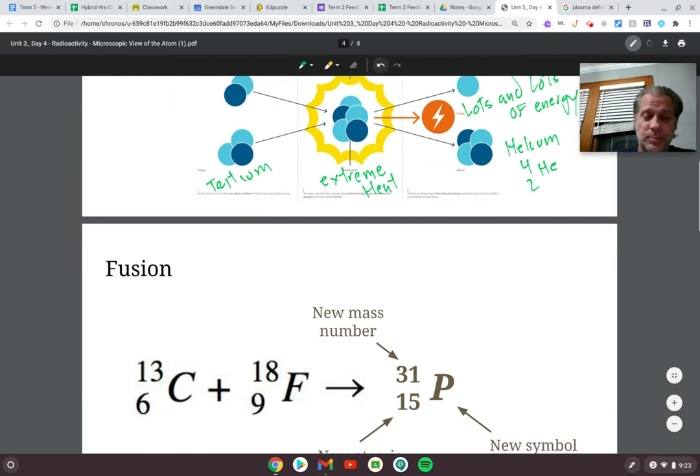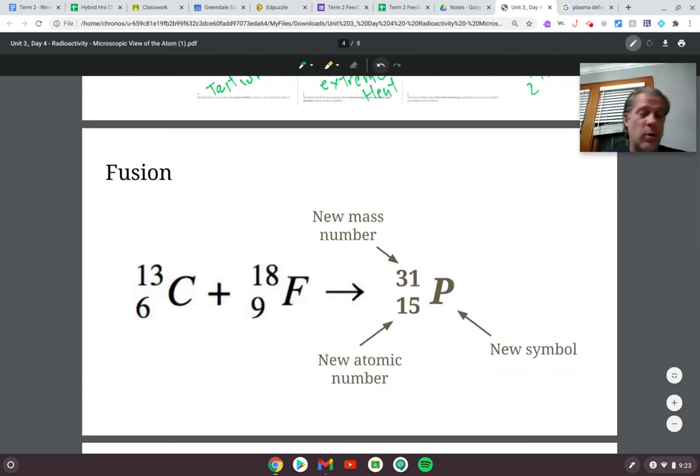Now, there is an equation or series of equations that we use to keep track of fusion. Here's an example where we take a carbon atom and a fluorine atom and fuse them together to make a much larger atom, which in this case is phosphorus.